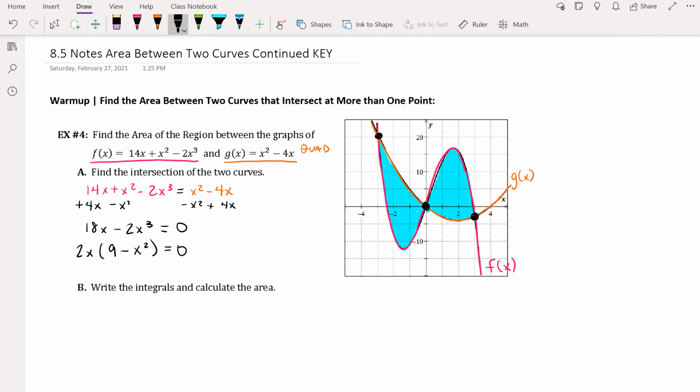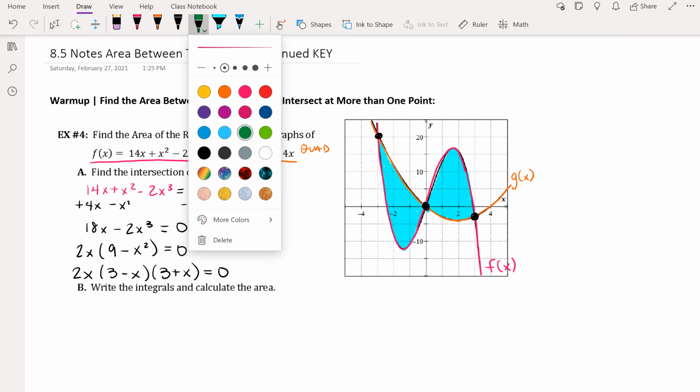Well, we can flip it, or we can just write the fully factored form, which is 2x times (3 minus x) times (3 plus x), because we can factor 9 minus x squared using difference of squares. Okay, so what do we get for our x's? What does x equal?